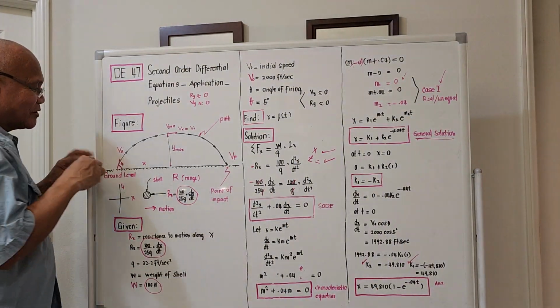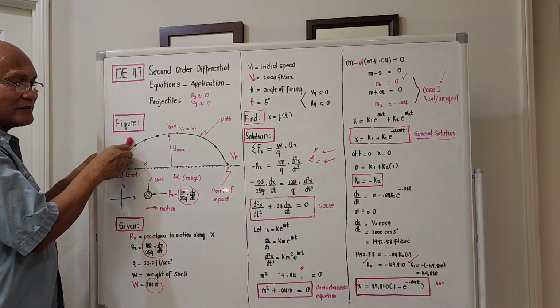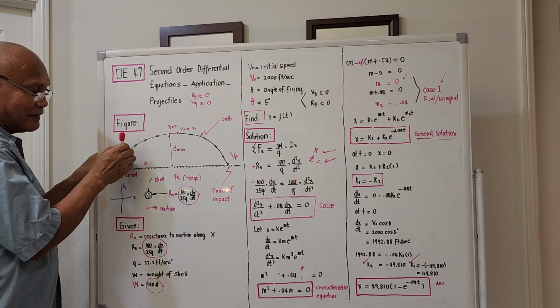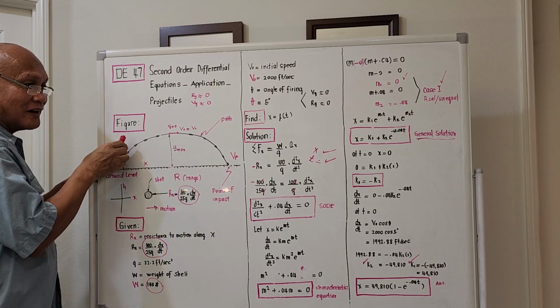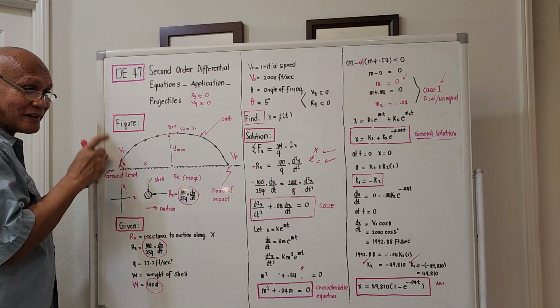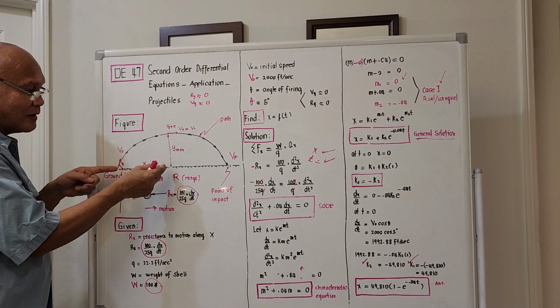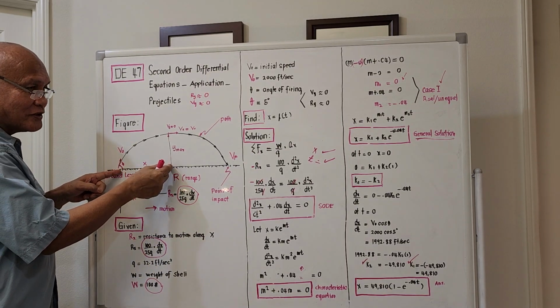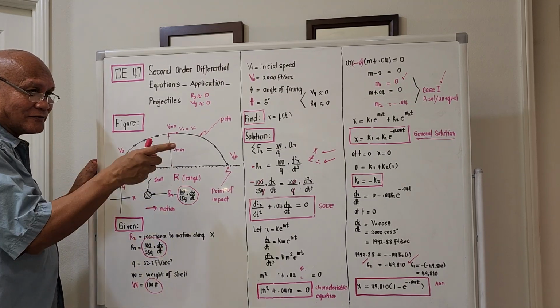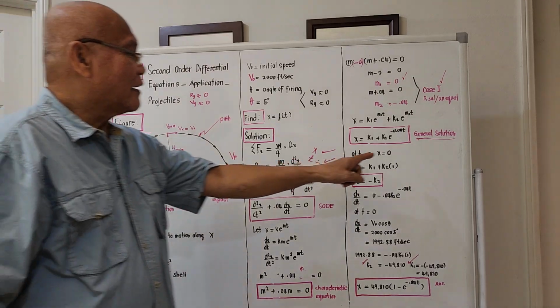At time t equal to 0, we didn't fire the projectile yet, so the distance traveled by the shell is 0 because we haven't fired it. So at time t equal to 0, I place it in, x is equal to 0.